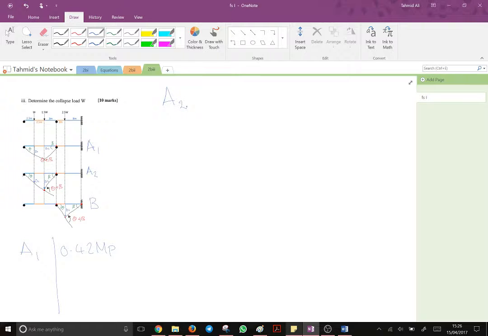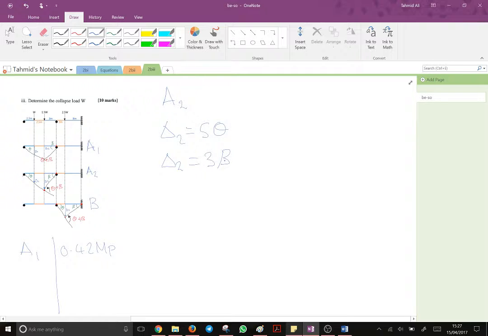So, in this case, we have theta 2. We only care about what's happening in the hinge. Theta 2 is going to be equal to 5 theta. And we have theta 2 is equal to 3 beta.